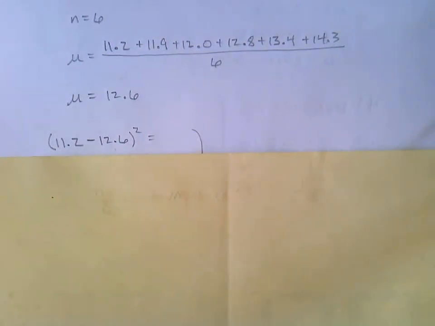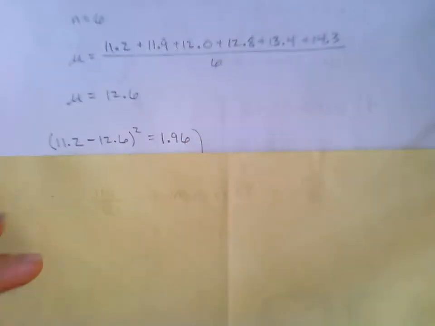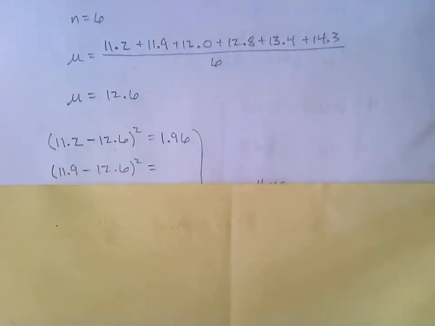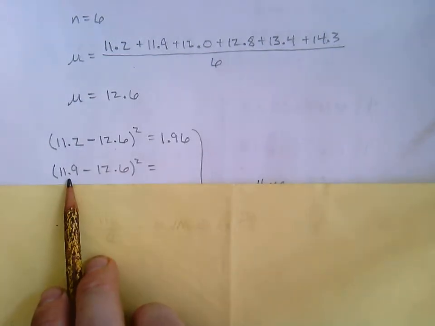I'm going to grab my calculator and do that along at the same time. So I subtract those and I square. And here I got 1.96. Okay, and then I'll go to the next one. Now I keep mu the same, but I go to the next data value.